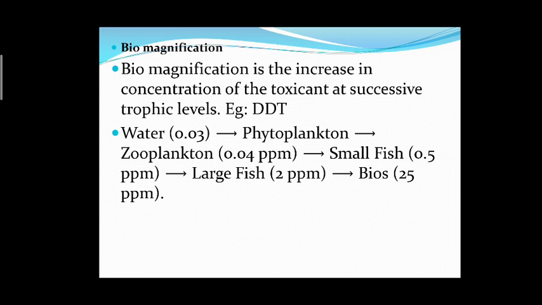Then the next main topic is biomagnification. Biomagnification is the increase in concentration of the toxicant at successive trophic levels. Example, DDT.